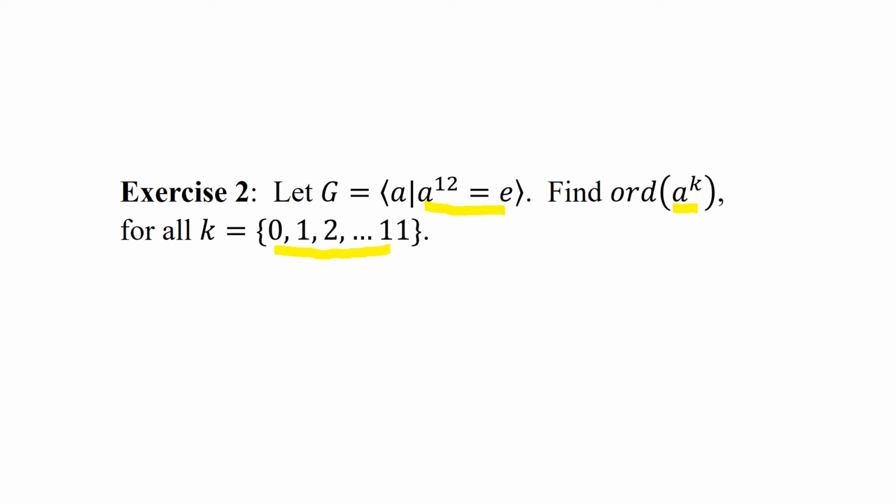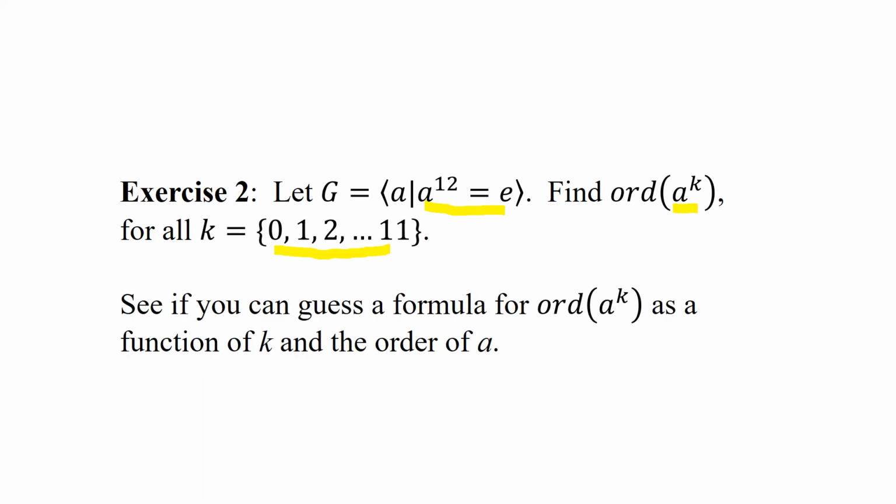So try to do this as efficiently as possible, find the order of every element in G, and once you have, I would like you to look for patterns to see if you can guess how to write the order of A to the K as a function of K and of the order of A. Look at the result that you have, organize your information, and then see if you can guess a pattern. Once you've done that, come back to the video.